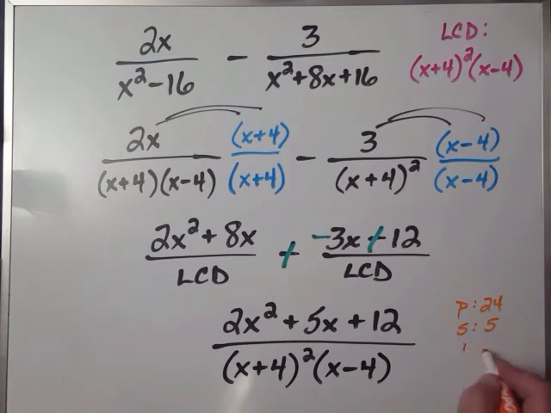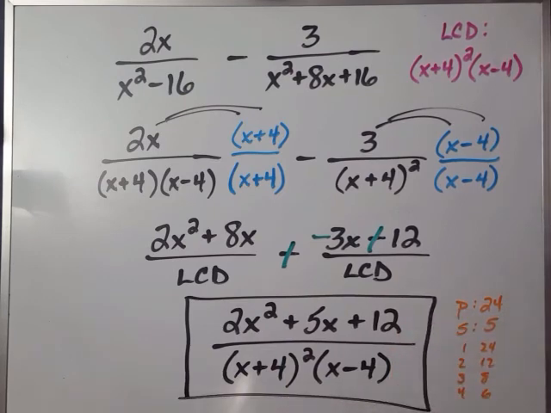We went down the list. 1 and 24, 2 and 12, 3 and 8, 4 and 6. 5 doesn't work. 6 has already been discovered, so I'm out of factor pairs. That numerator is prime. And I very quickly determined that using my AC method. Meaning that this is in lowest terms. Nice.